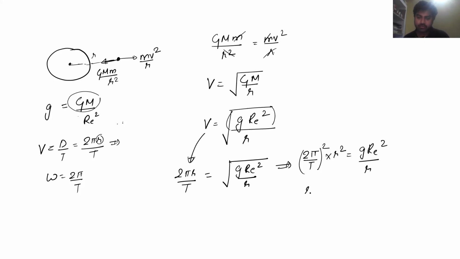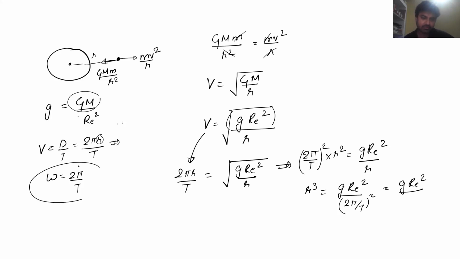So it will be r cube is equal to g R E square divided by 2 pi upon T whole square. So r cube will come out to be g R E square divided by 2 pi by T, and 2 pi by T is omega, so omega square.